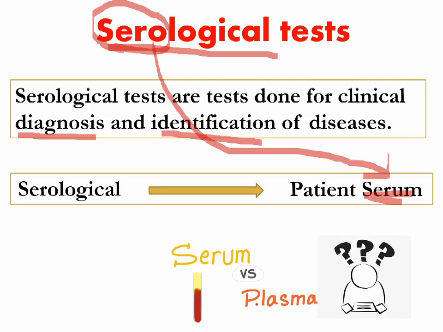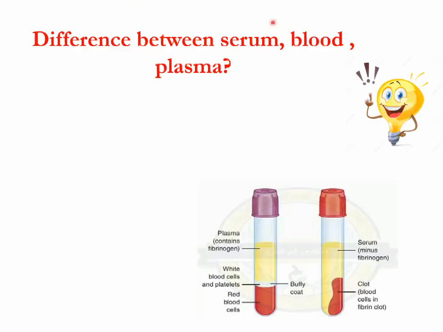So what is the difference between blood, serum, and plasma? Your blood contains many components, which are the red blood cells, the white blood cells, and the platelets.